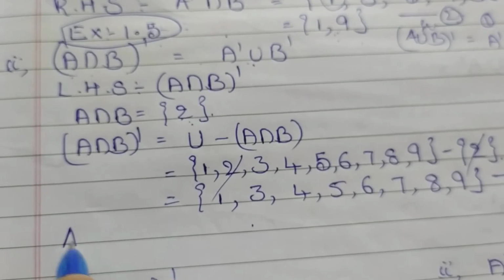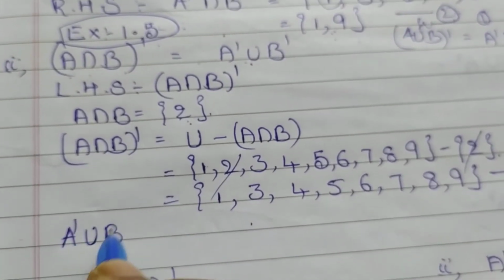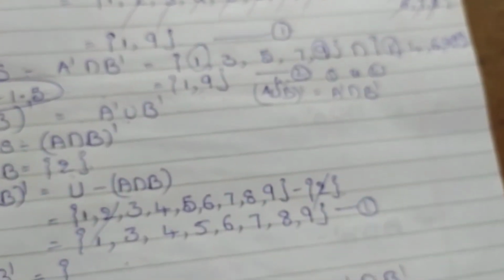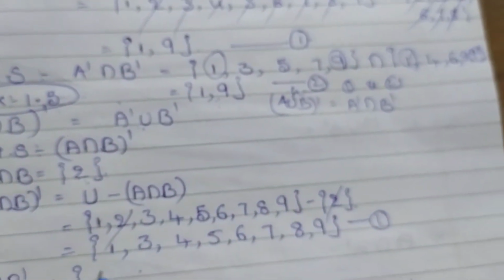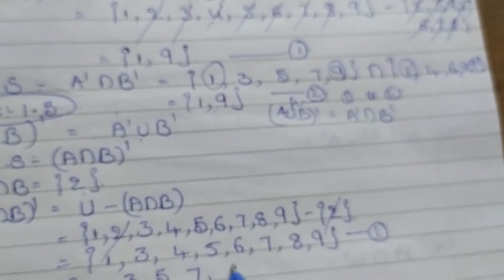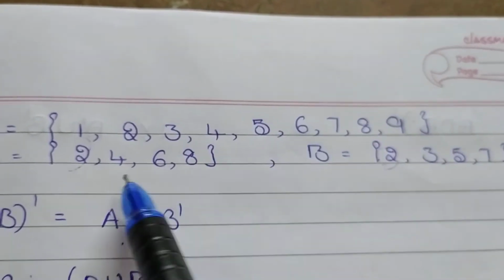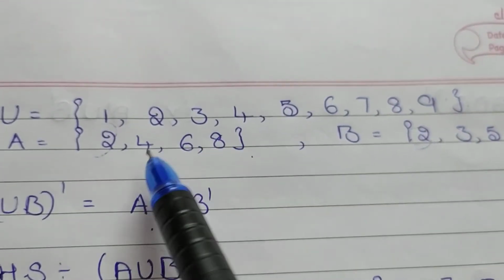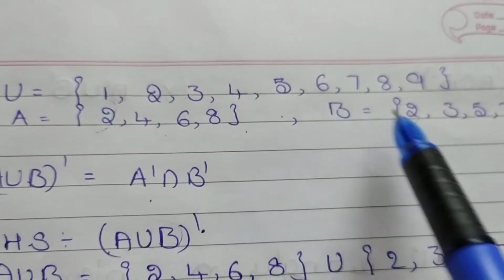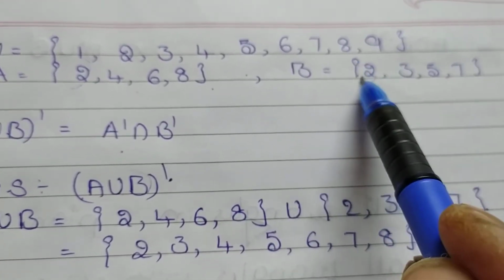Now we should find out what is A complement union B complement. A complement, which we did the previous time, we got as 1, 3, 5, 7, 9. How are you going to get this A complement? From the universal set, if you remove A, you are going to get A complement. Similarly, from the universal set, if you subtract B, you are going to get B complement.